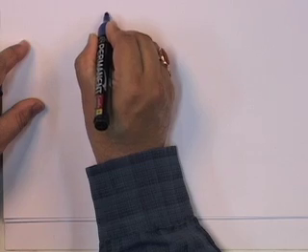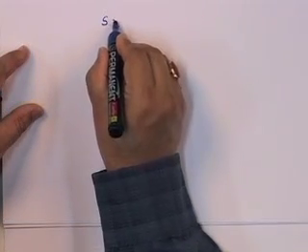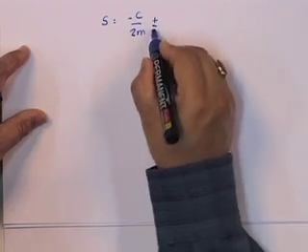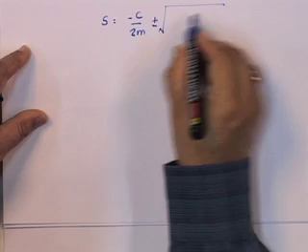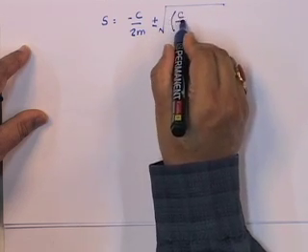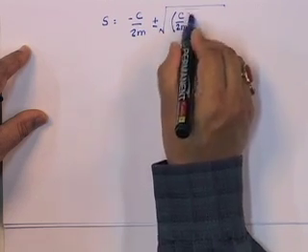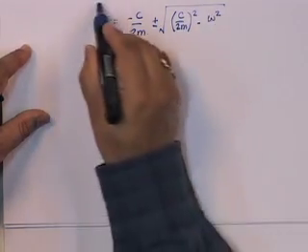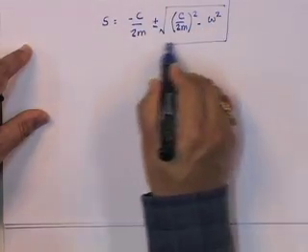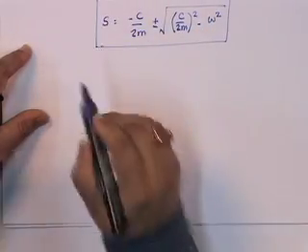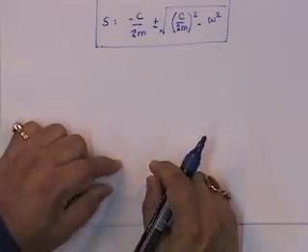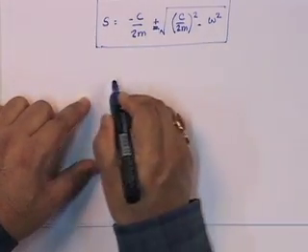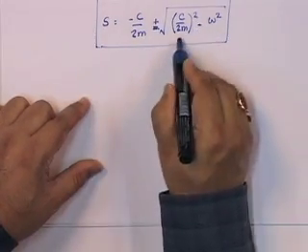The solution turns out to be s is equal to minus c upon 2m plus minus square root of c upon 2m squared minus omega squared. Now, you see how this solution depends on this term.